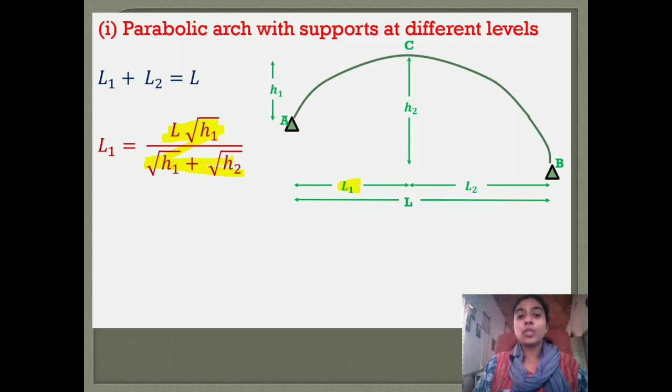We know L is the distance between the supports, H1 is the vertical height from the first support to the third hinge C, and H2 is the vertical distance between B and C.